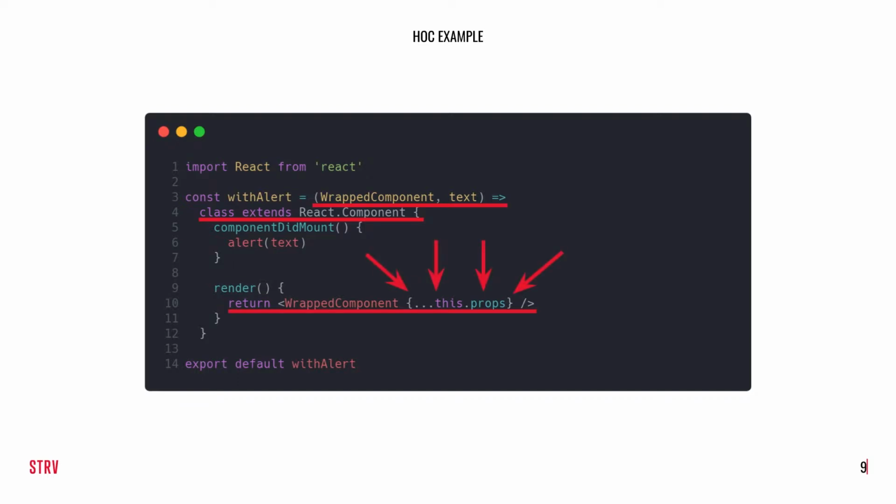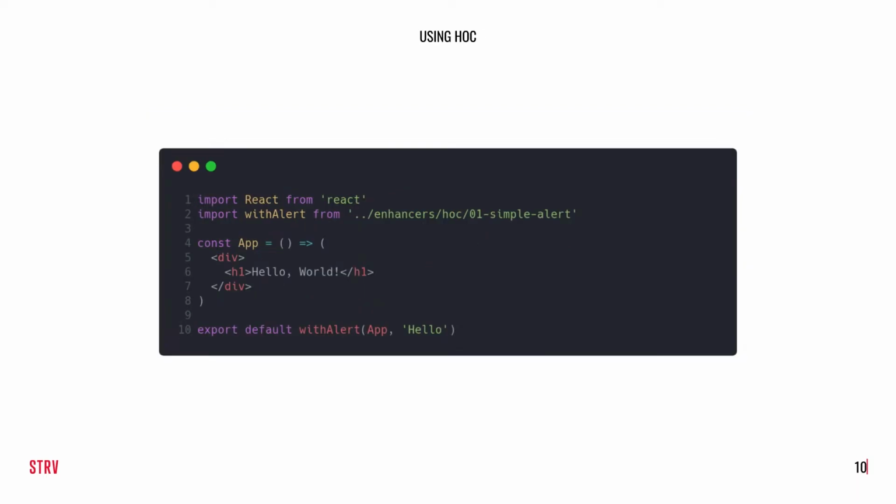A really important part is this props destructuring, because otherwise this header component would swallow all props passed from upper components. And here is an example of how you can use it. You just wrap your component in the function. That's all.